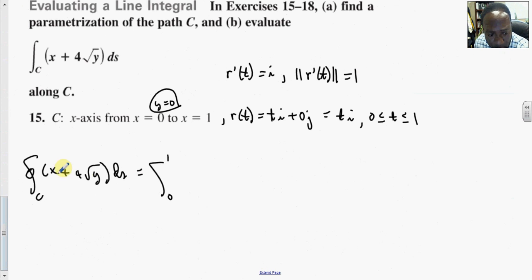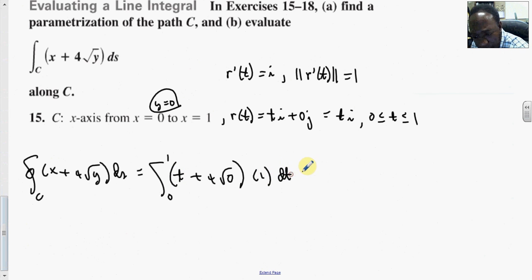So here we have the integral of x. X here is t, and this is plus 4 times the square root of y, but y is 0. This is times the norm, which is 1, times dt.